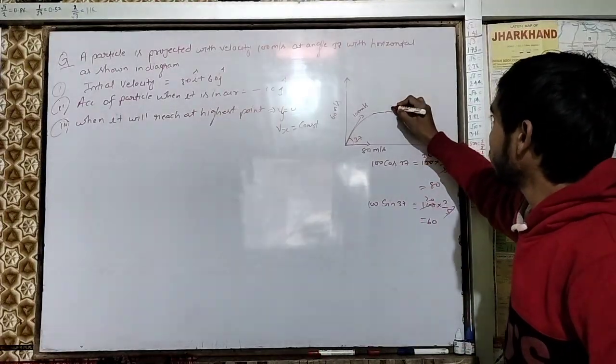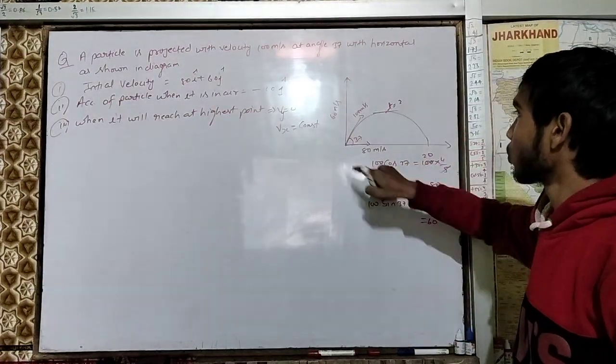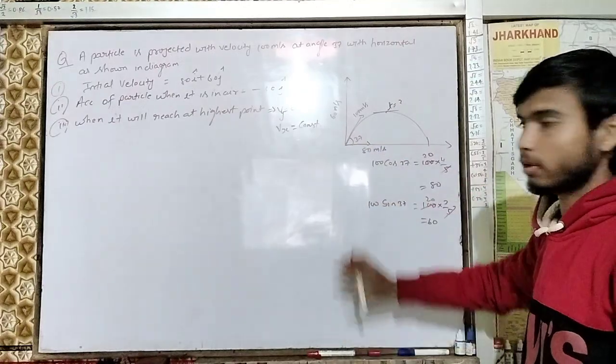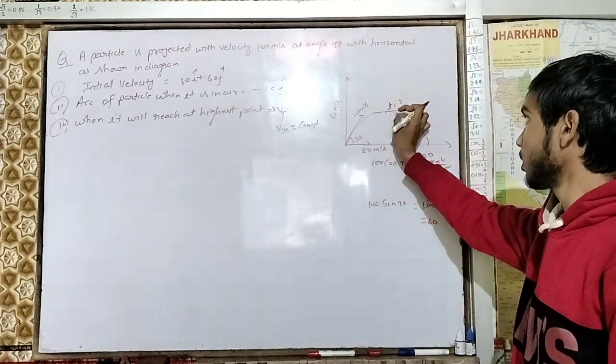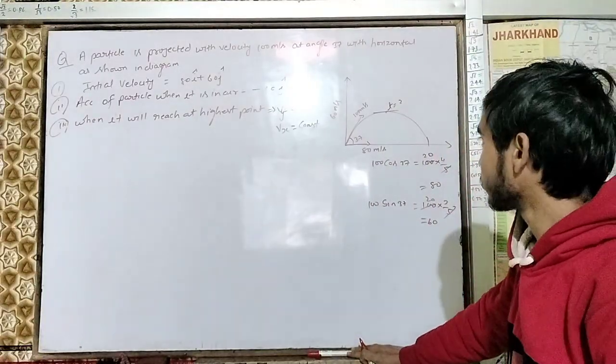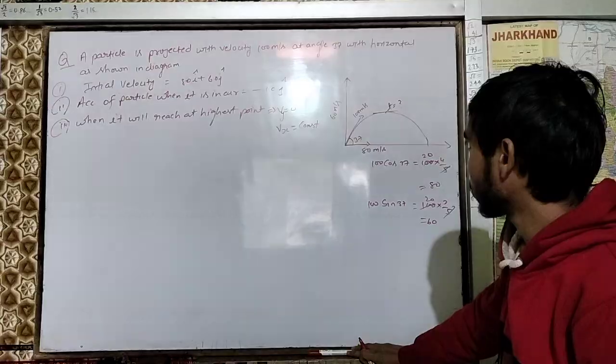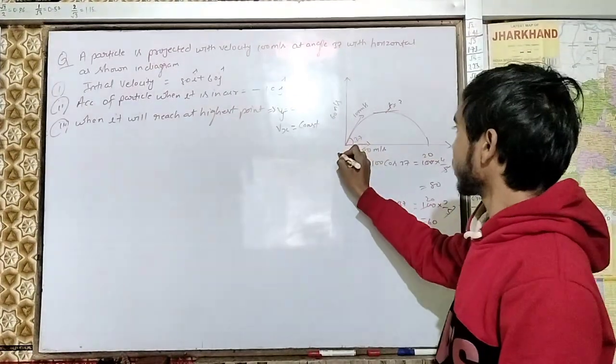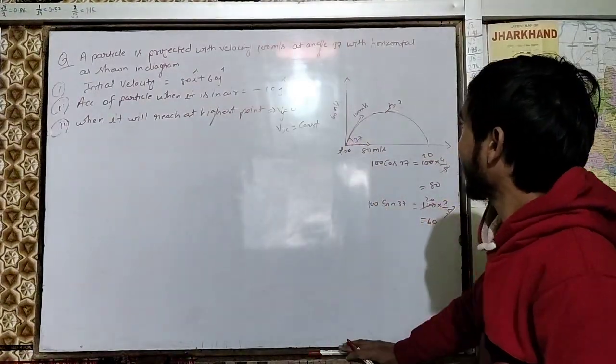So this will be the highest point, and at what time will the particle reach here? To calculate this, we know here t is going to be 0.